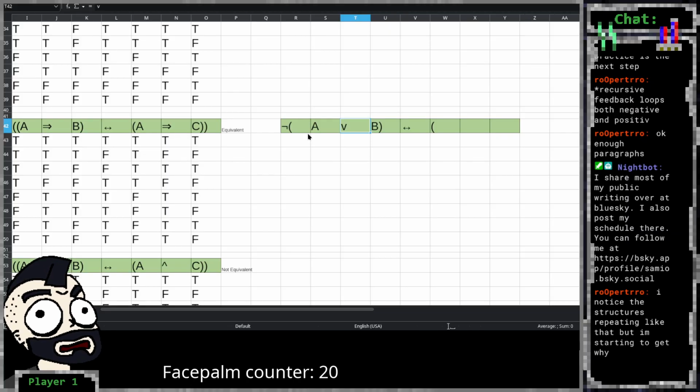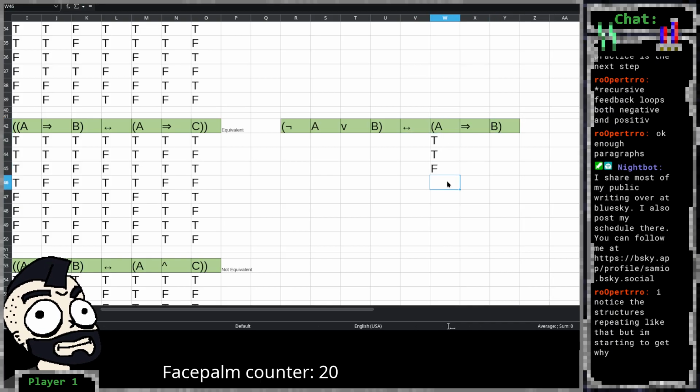So just like programming, the order and hierarchy of parentheses and operations is very important. In fact, I think it's the same principle. I think that parentheses in programming are important because you are describing the order of operations. So not A or B is equivalent to A implies B.